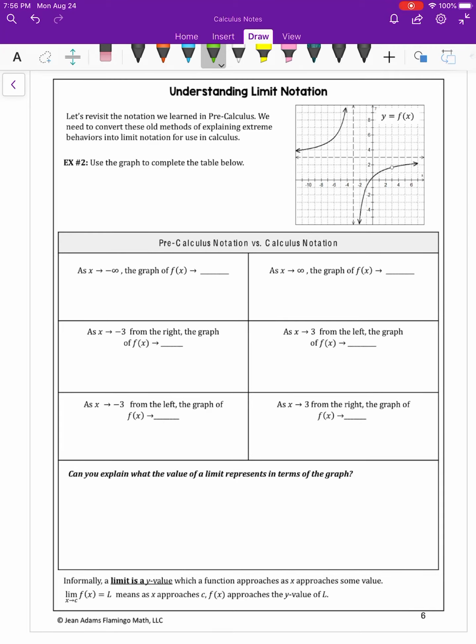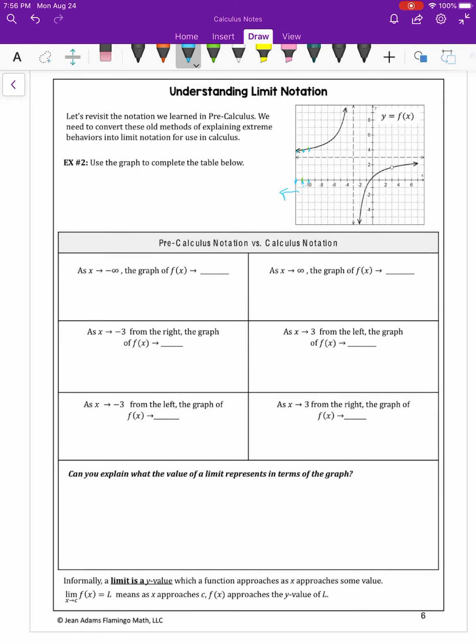We're just going to look at, as x approaches -infinity, the graph of f of x approaches. So think about, you're putting an x in, you get a y. I put this x in, I get this y. I put this x in, I get this y. My x's are approaching -infinity.